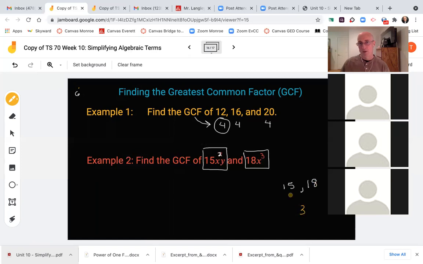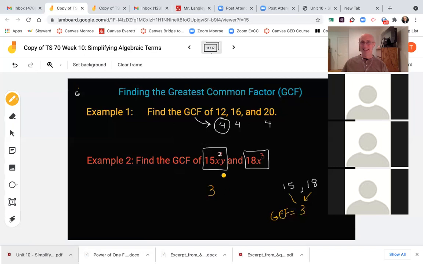It's 3. 3 goes into 15 and 3 goes into 18. That is the GCF. Did I get that right? GCF, greatest common factor, is equal to 3. Biggest number that goes into both those terms, okay? So I've got two terms here, and the biggest number that goes into both of them is 3.